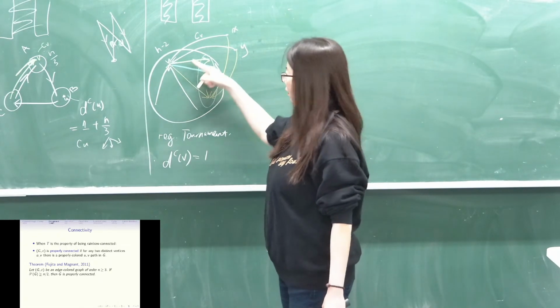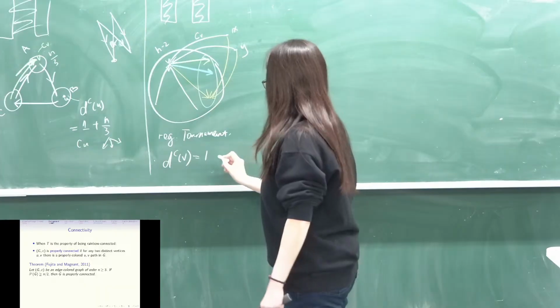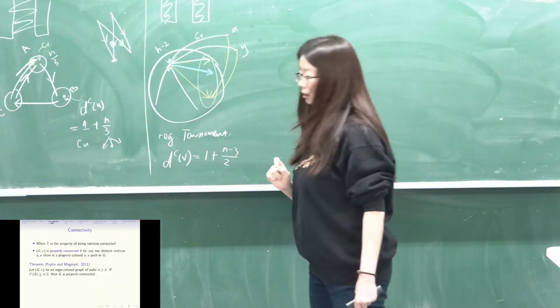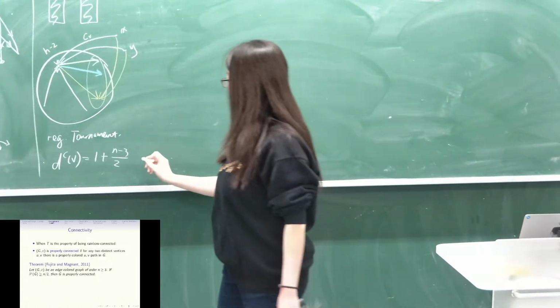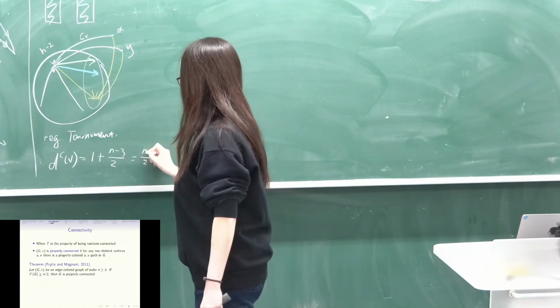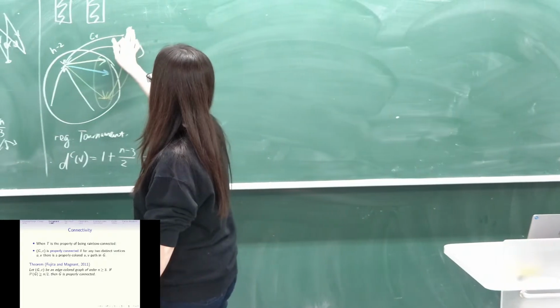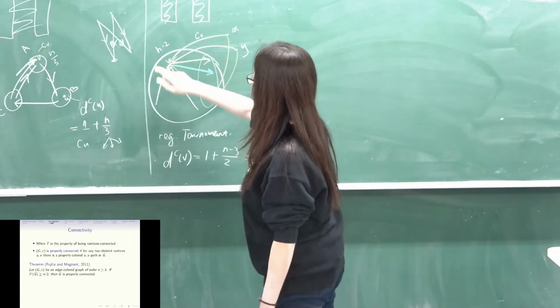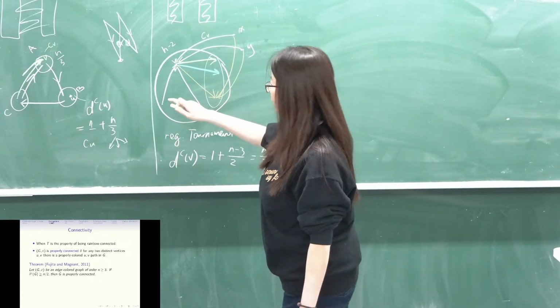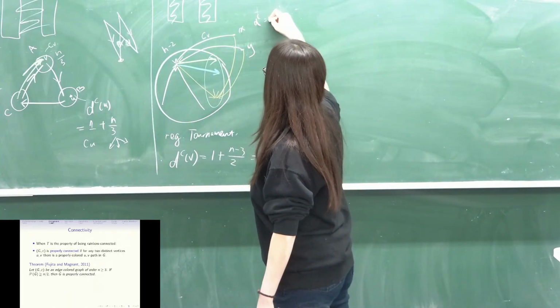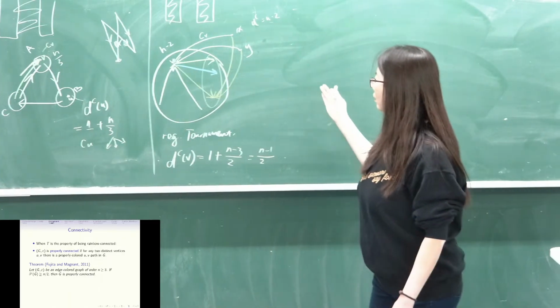Minus V, there are n-3 vertices left. So it's going to be half of n-3. So this is exactly half of n-1. And actually X and Y both see all the n-2 colors at all the n-2 vertices in the tournament. So they have bigger color degree.